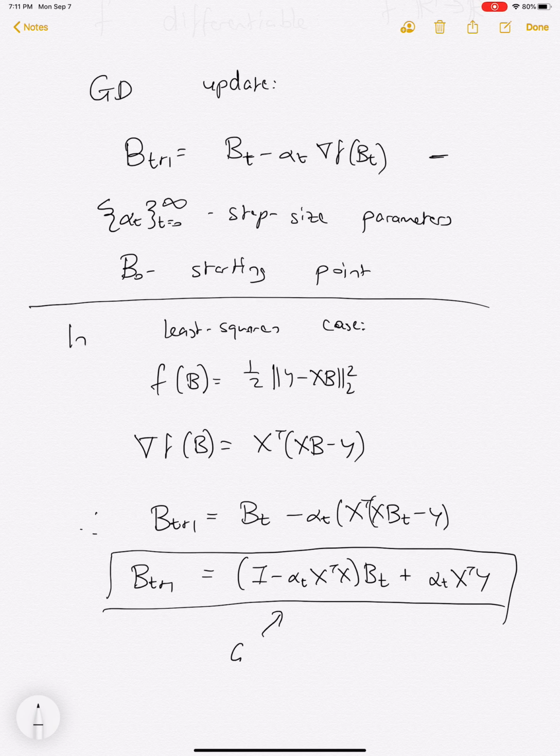And so this is the gradient descent update for least squares.